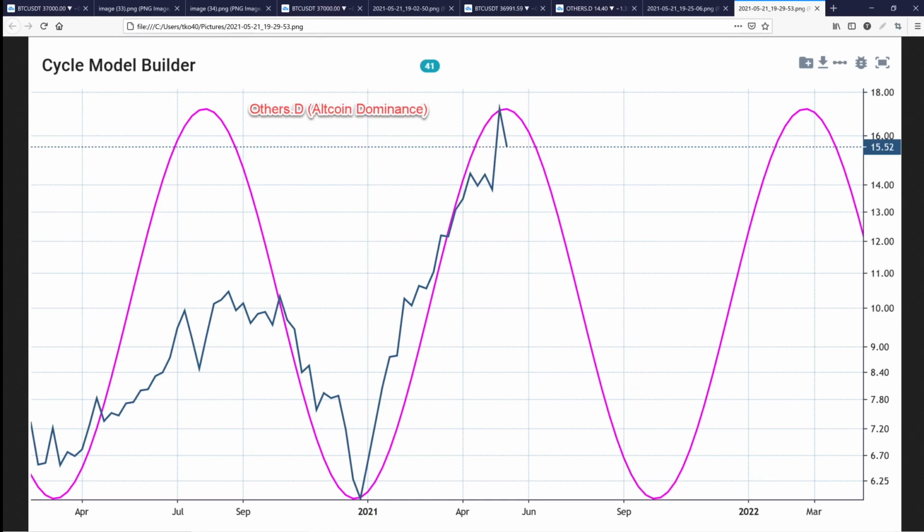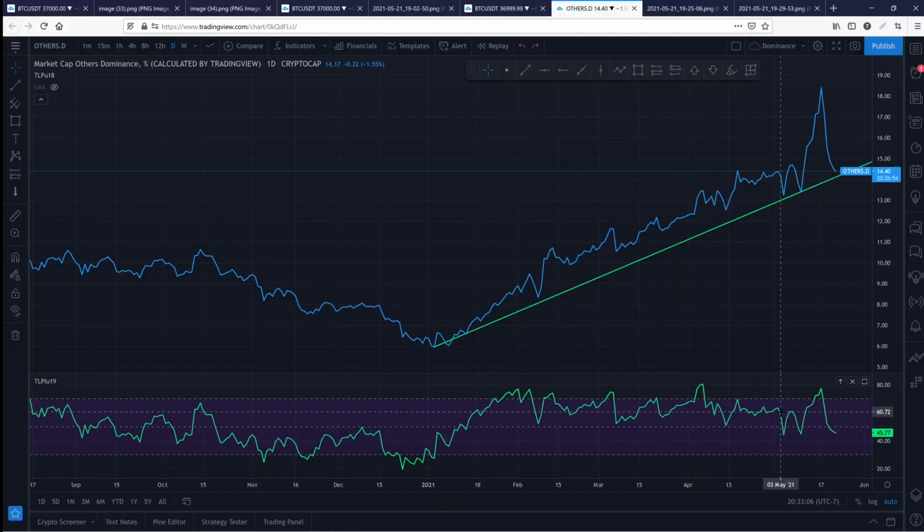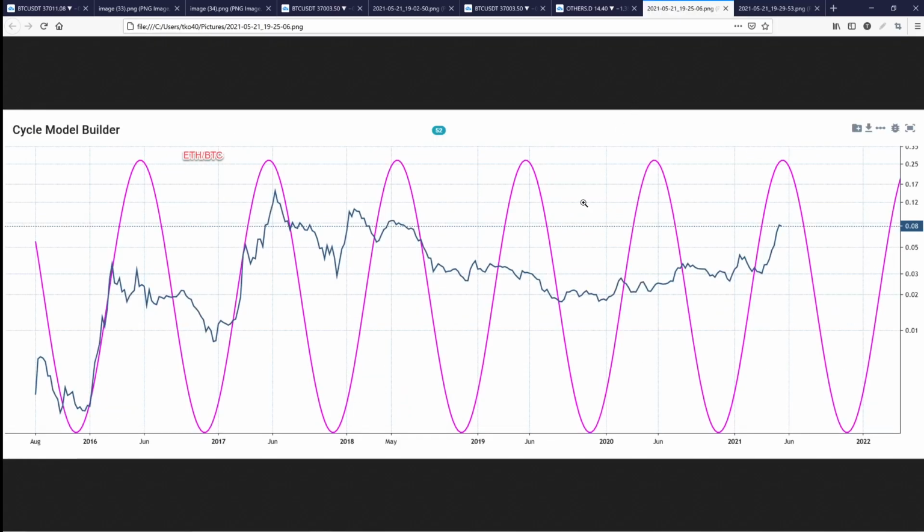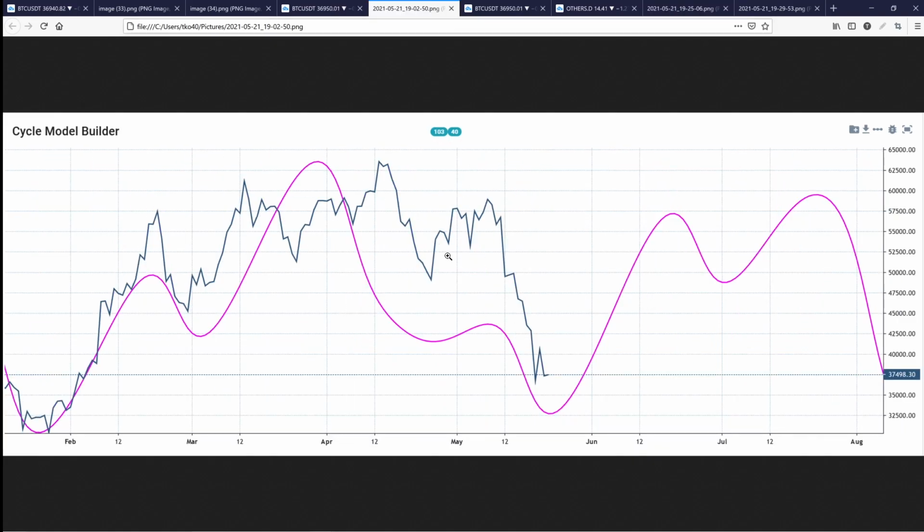So putting everything together: bearish divergence on altcoins, indicating a potential downtrend; cycles of altcoin dominance indicating a peak and potential downtrend; Ethereum at a peak indicating a potential downtrend; Bitcoin in a downtrend and indicating a potential uptrend. All these things really point towards a potential rally in Bitcoin. So that's really a positive sign.